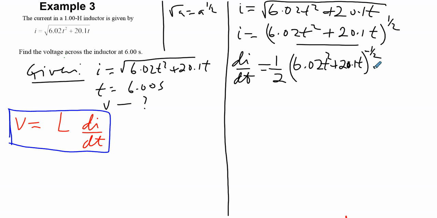Then everything times the derivative of the inside of the bracket, which is 2 times 6.02, that will be 12.04t plus 20.1. So everything here times that one.